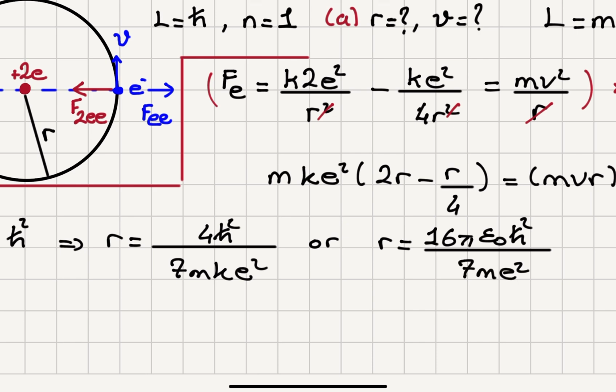So I've substituted for k 1 over 4 pi epsilon 0. This is the radius of the orbit.